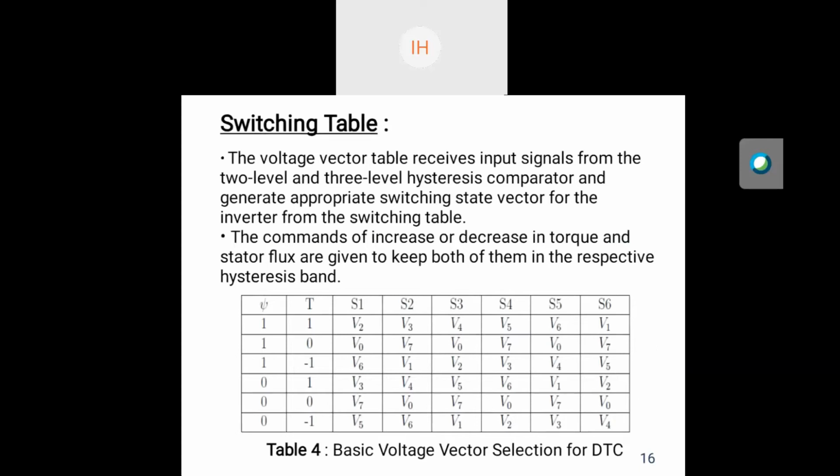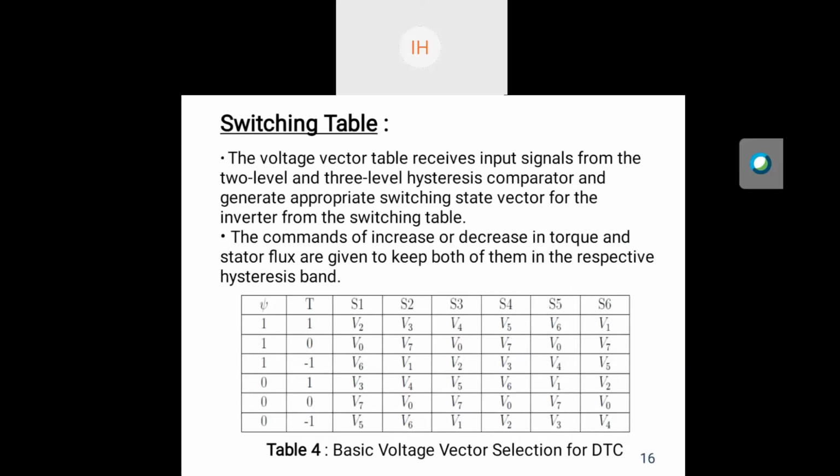Flux status 1 is the output of the flux controller, and torque status 1 is the output of the torque controller. So flux status 1 means we have to increase the flux, and torque status 1 means we have to increase the torque. As I explained in the previous slide, for sector 1 we have to select V2, and similarly for other sectors, let's say sector 2 V3, sector 3 V4.